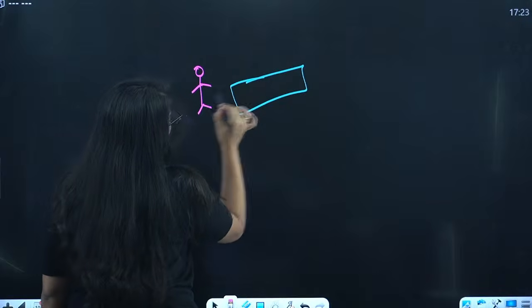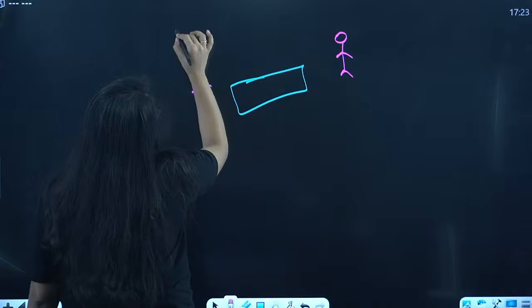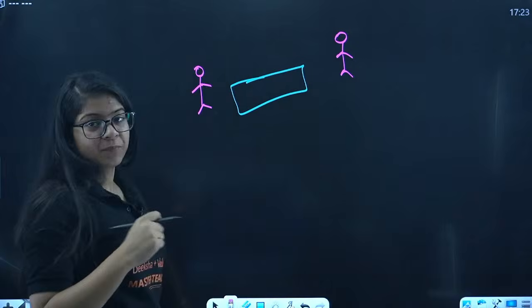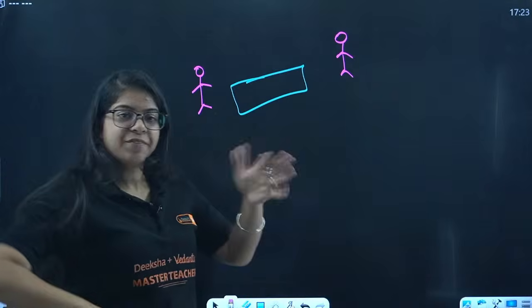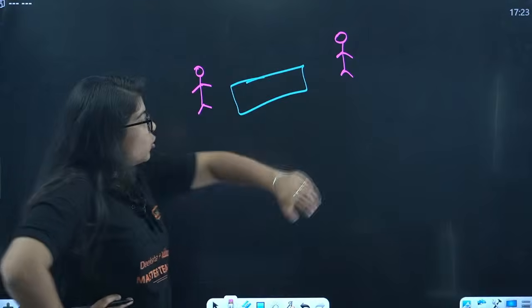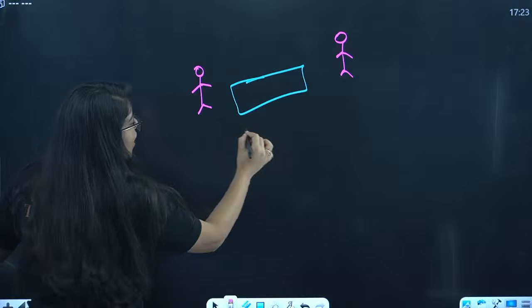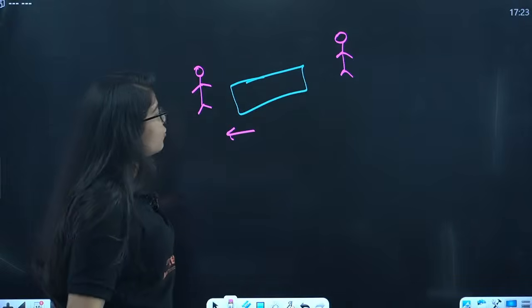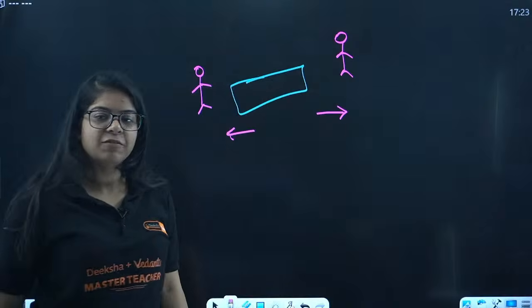You are both twins and you have the same force, the same power. You are equally powerful, and you are fighting. I want this chocolate, I want this chocolate. There is only one chocolate. So you are pulling this packet away from this side, and your twin is pulling this chocolate packet from the other side.